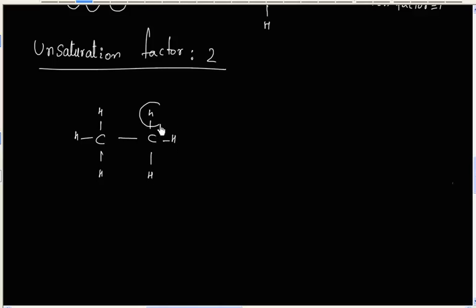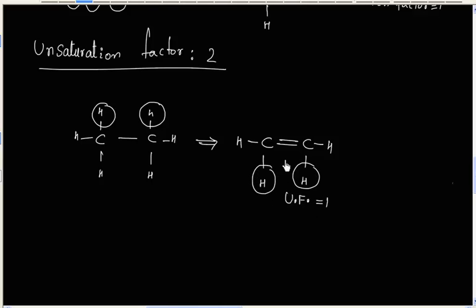Now I can remove this hydrogen and this hydrogen to make a double bond. Now this compound has unsaturation factor 1. Now we can remove this hydrogen and this hydrogen to make a triple bond between these two carbons. So this compound has unsaturation factor of 2.